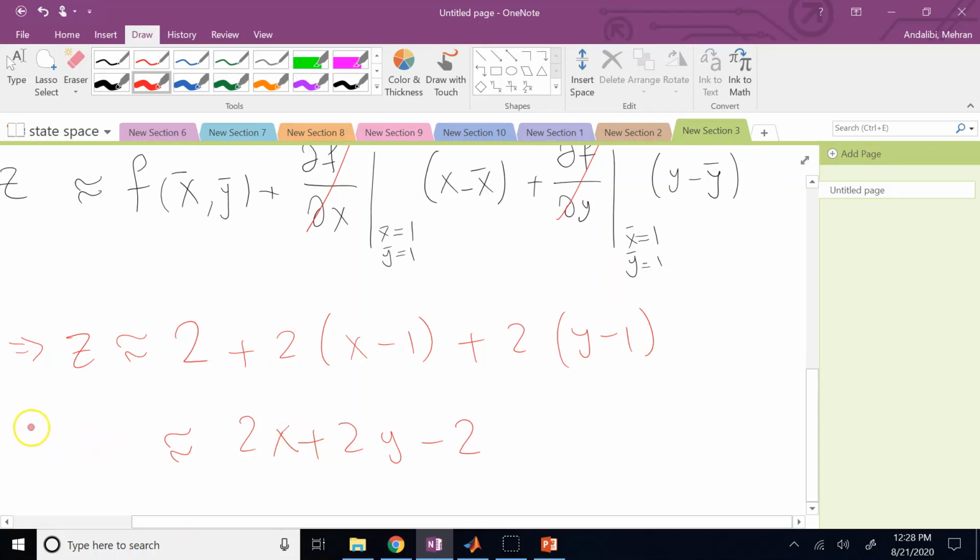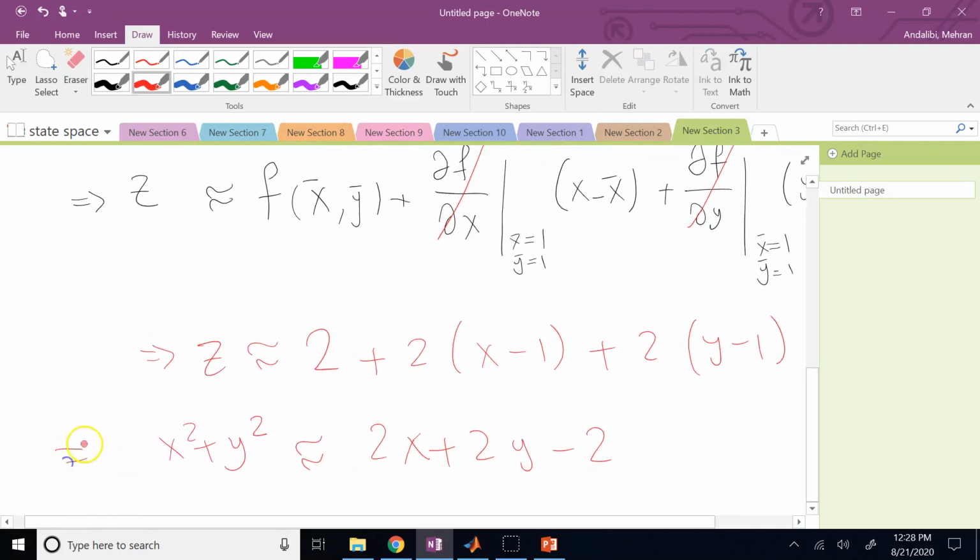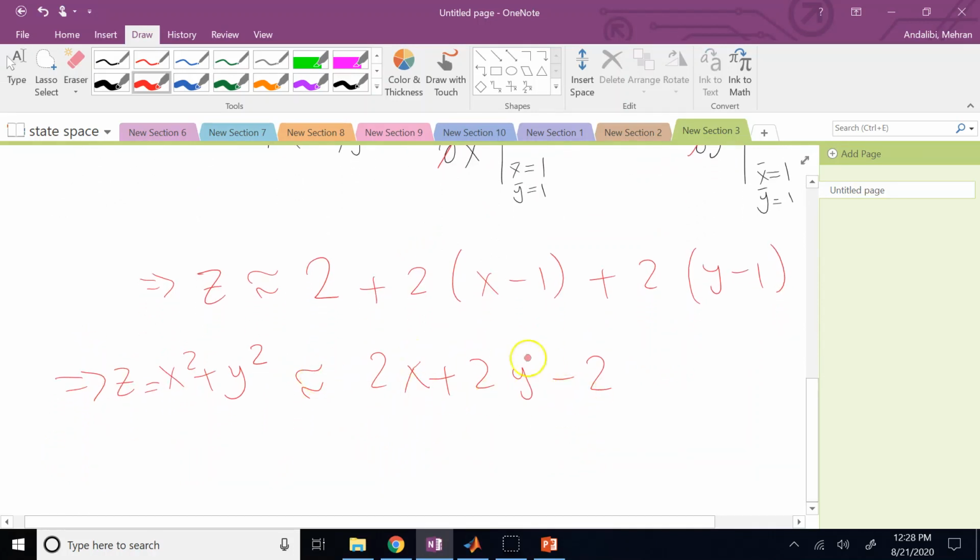So I say this nonlinear function can be approximated by this linear one around what? Around this point. Around this point, the values of these two are very similar, okay?